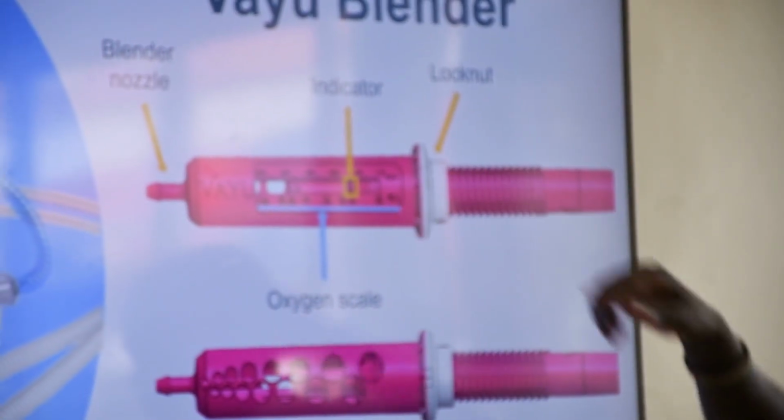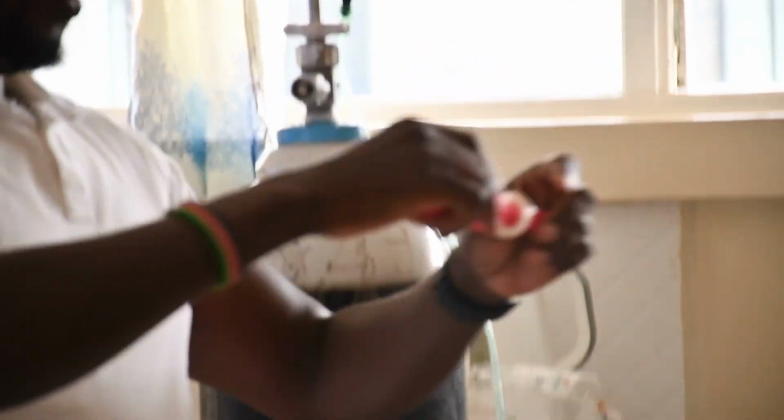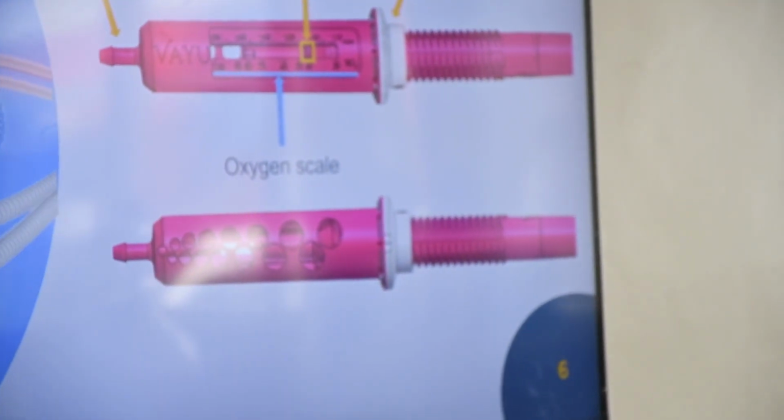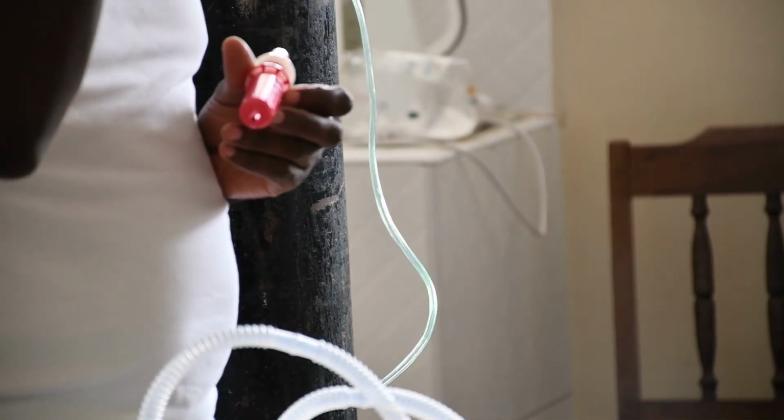When you open this, first of all remove the nut, make it loose, then rotate this part of it and open it all the way out until the indicator inside here comes to 30%. When that happens, you can see that the distance between these two nozzles is very wide.